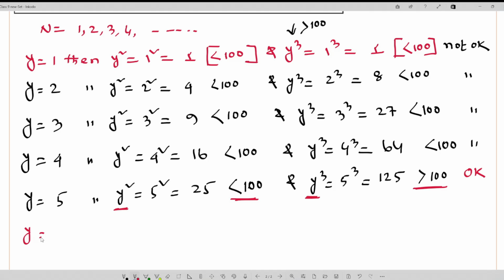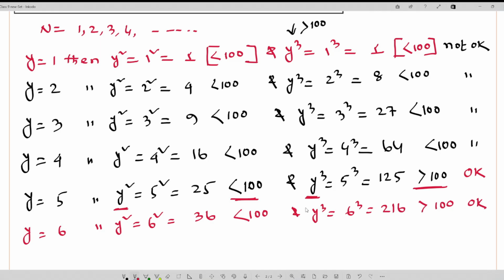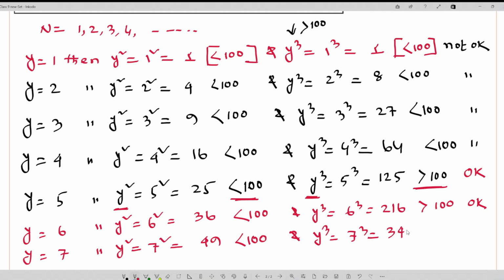Now look, 6. y squared, 6 squared, is 36, less than 100, and y cubed, 6 cubed, is 216, greater than 100. It's also okay. y equals 7: 7 squared is 49, less than 100, and 7 cubed is 343, greater than 100. It's okay.